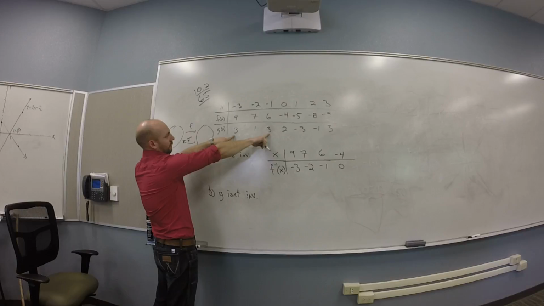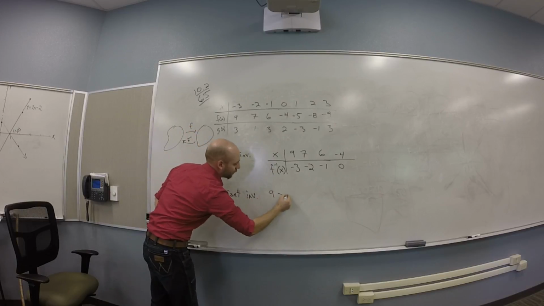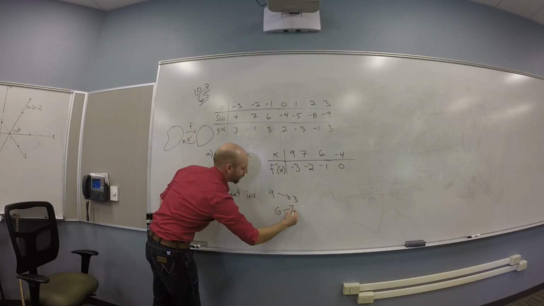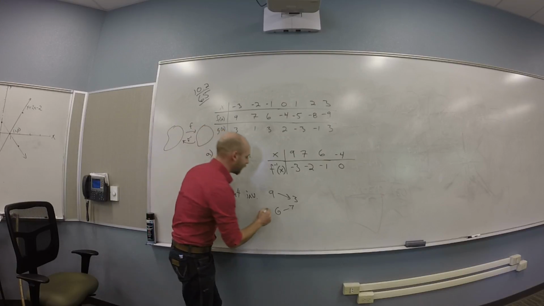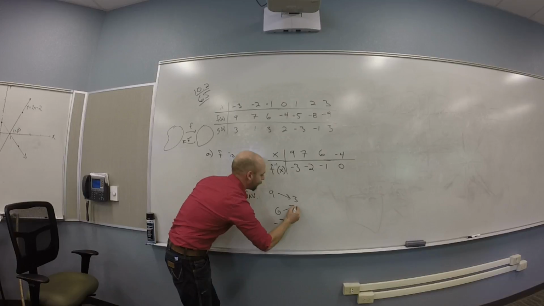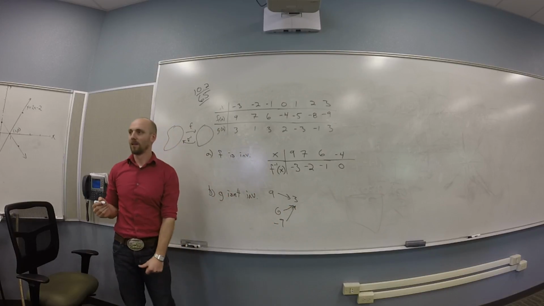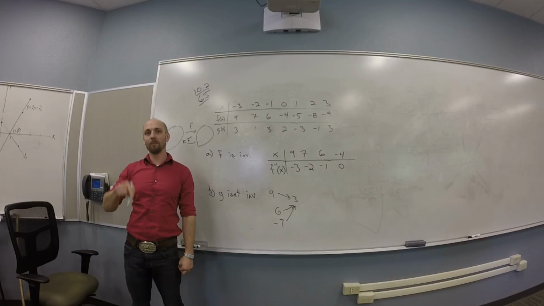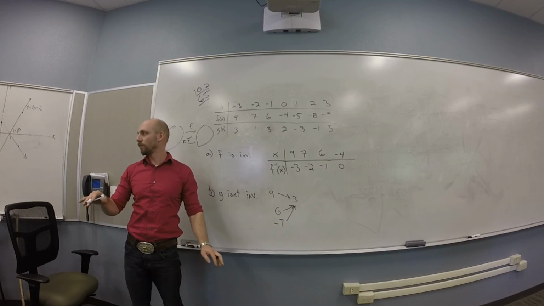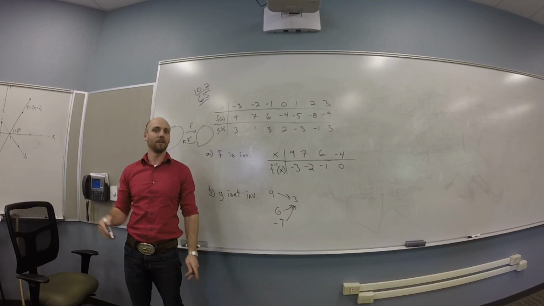Yeah, because 9 goes to 3 and 6 goes to 3. Oh yeah, and also negative 9. Is it important that I have all 3 of them? Not really. As long as there's 2 inputs that go to the same output, you know this thing doesn't pass the horizontal line test.